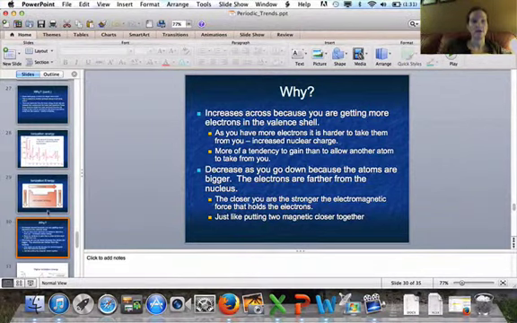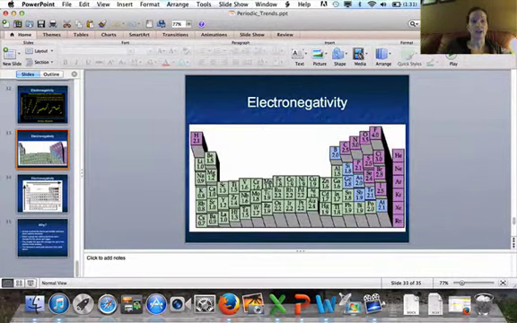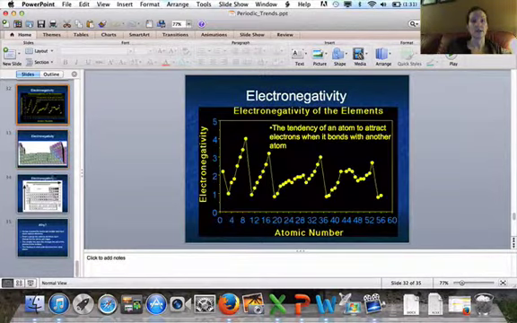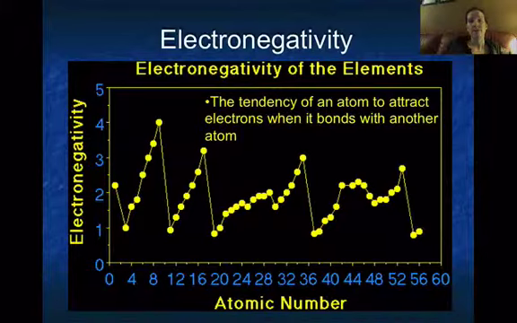Okay, so let's look at electronegativity quickly and talk about discrepancies. Electronegativity doesn't have as clear discrepancies as ionization energy does.